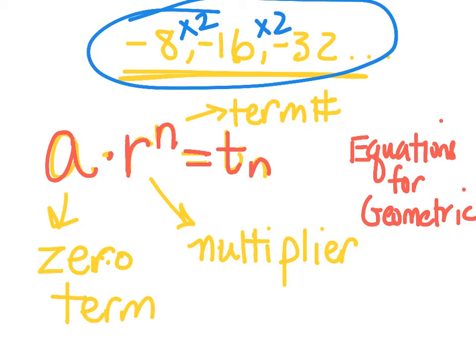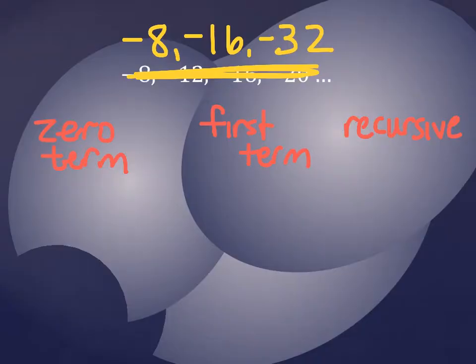So if we're going to go for the 0 term way, we're going to go ahead and shrink back again, or flip back to our 0 term to find a. r is what we're multiplying by, n is our term number, and t of n is our total. So here we've got -8, -16, -32. We can recognize that it's a multiplier of times 2.